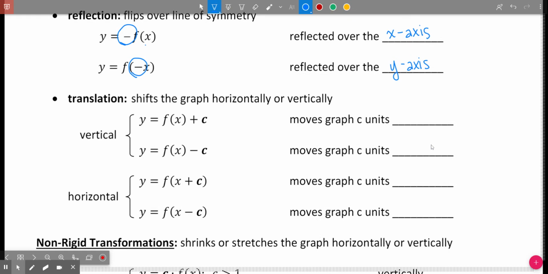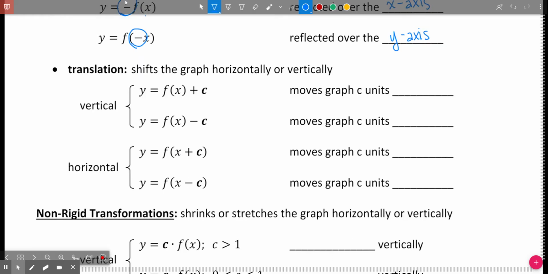With your translations, you can shift a function vertically and horizontally. If you add c outside, that moves the graph up. If you subtract c outside, that moves the graph down. Now, if you add or subtract c inside the function, then you're moving the graph horizontally.